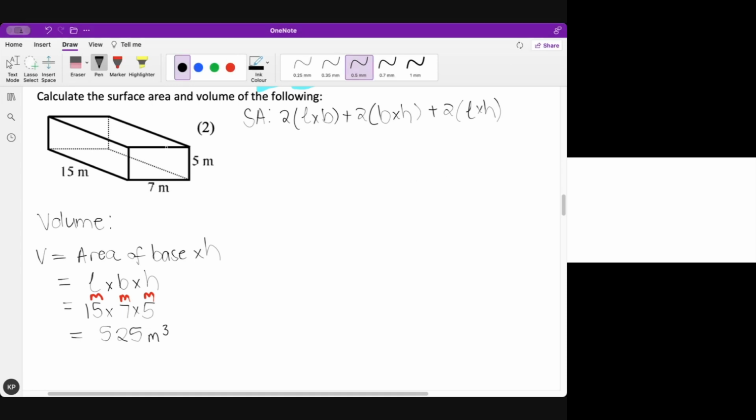Length is multiplied by breadth and height. Done. Breadth is multiplied by length and height. That's done. And your height is multiplied by breadth and length. Do you guys see what I mean? So just make sure that you don't duplicate any of these and you are fine. Okay, it's not a train smash, don't worry.